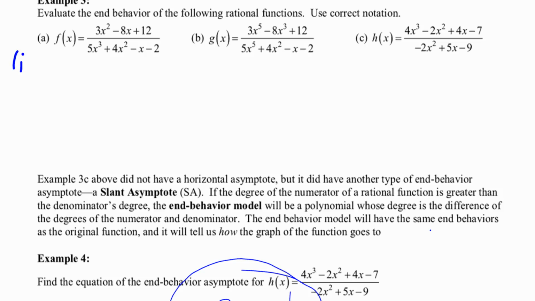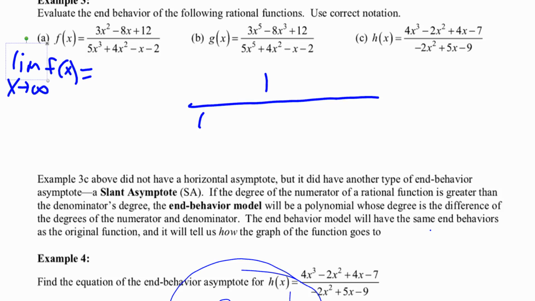So when we analyze the limit as x approaches infinity of f of x, it's like 3 billion over 5 billion, but no, it's going to be more than billion. It's going to be whatever, quadrillion. It's going to be even higher, 1 power higher. The bottom is going to get faster and faster. Think of a small number on the top and a really, really large number on the bottom. That is going to get really close to 0.